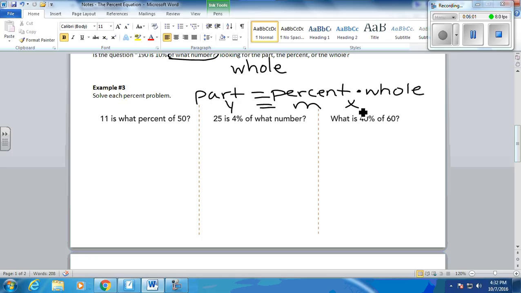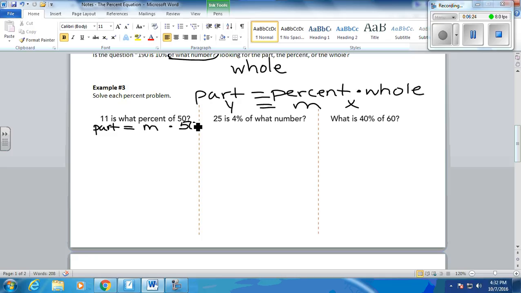If I'm looking for the percent, I'm going to put m in its place. And if I'm looking for the whole, I will put x in its place. So 11 is, I know that's going to be my part. What percent? I'm looking for the percent, so that's my m, of 50, so that's my whole, times 50.